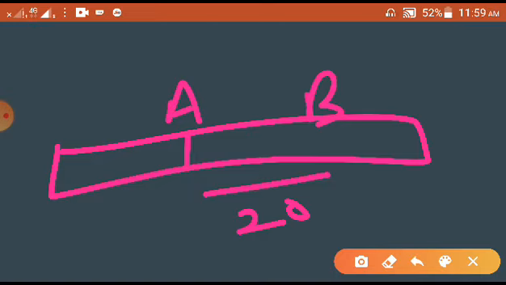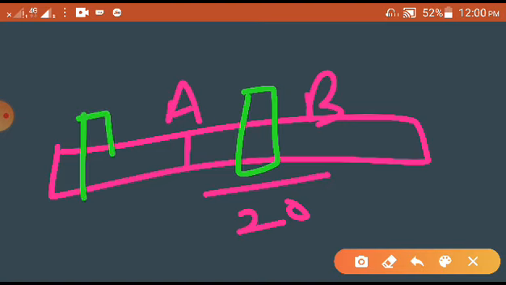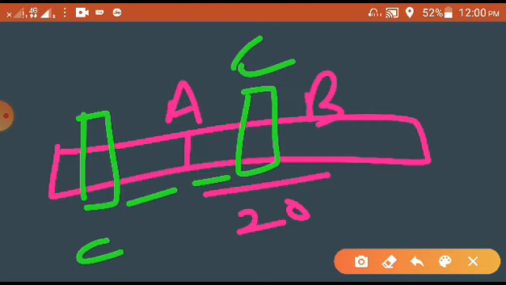So now there are two chances here. What are these two chances? Either gene C is present here or gene C is present here. Both are possible, right? So that's why this distance can be 10 or this distance can be 10.